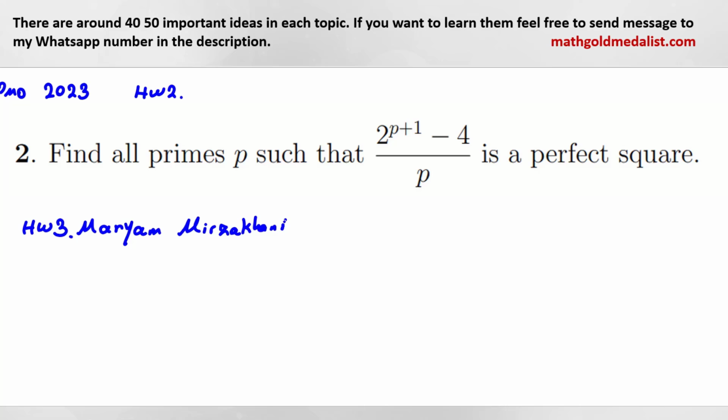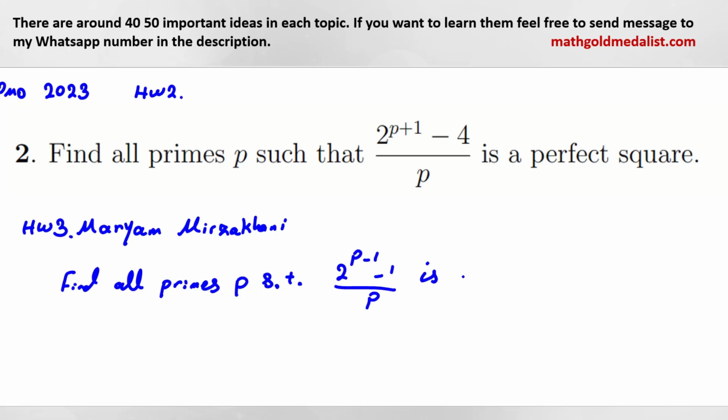I think I saw this problem 14 years ago, but the book is maybe 20 years old. The problem is this: find all primes p such that (2 to the p minus 1) over p is a perfect square.